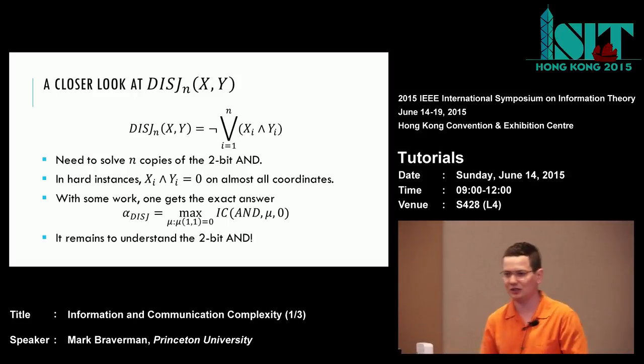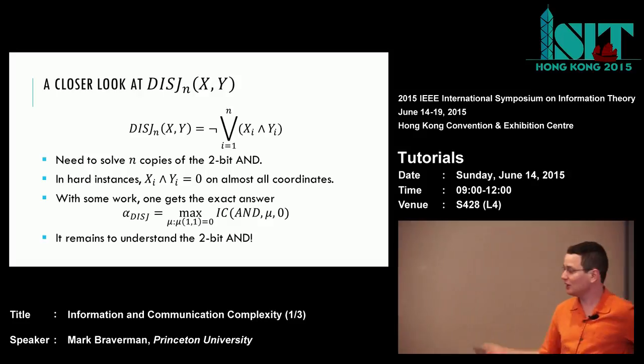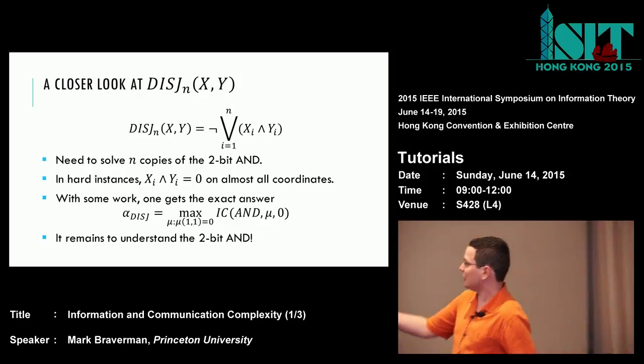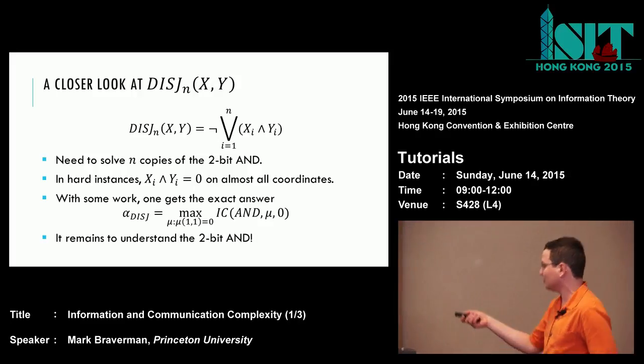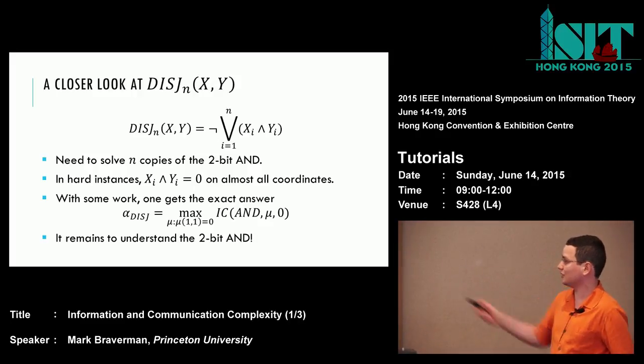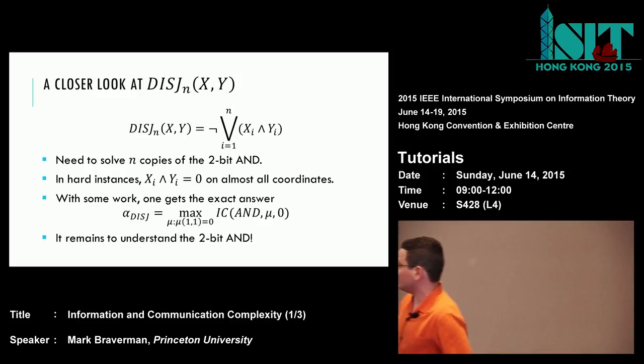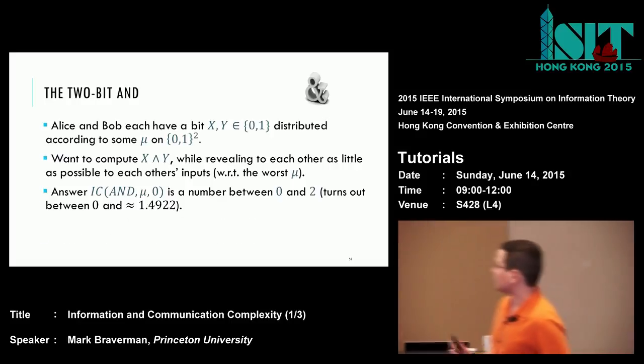But you can take it to 0 as n goes to infinity. So essentially, you get an exact expression for this constant, and all that remains is to compute the information complexity of AND. And yeah, so that's what remains.